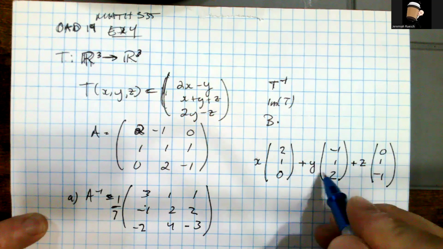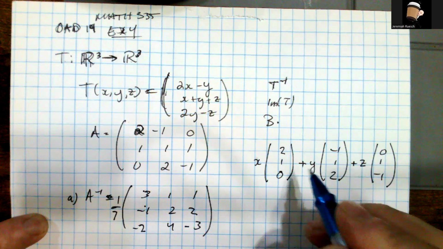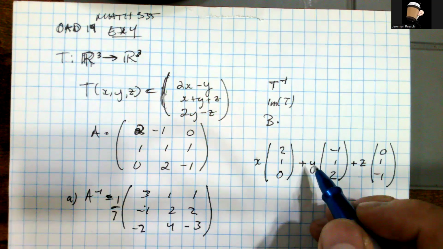So the columns of this describe the image of T.